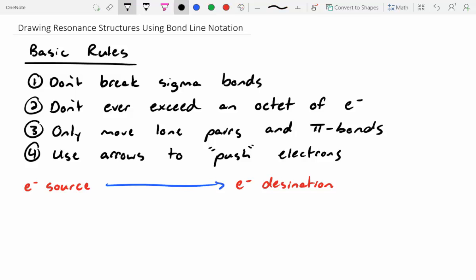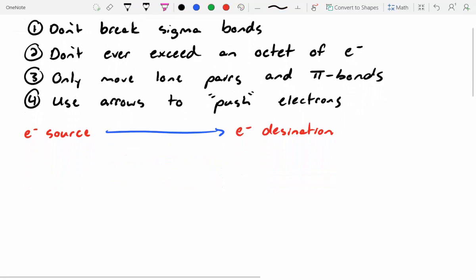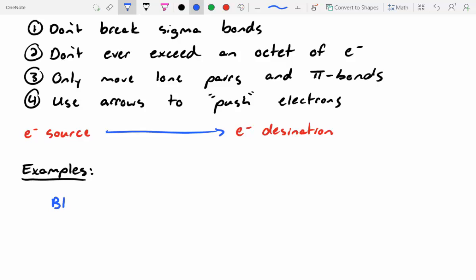So I've got a few examples that will hopefully clarify the idea of resonance. The first one is from my old advisor, and I really like this example, even though it's cheesy.